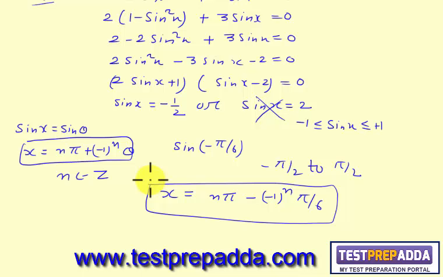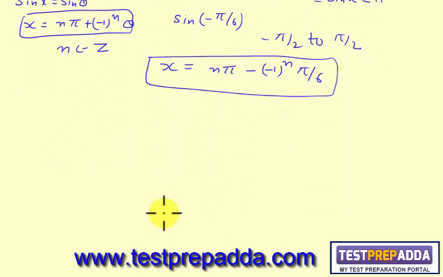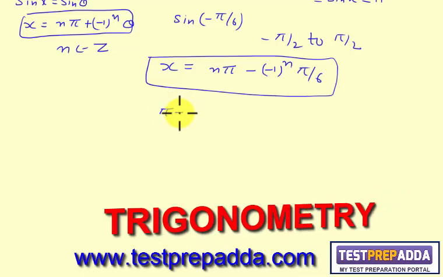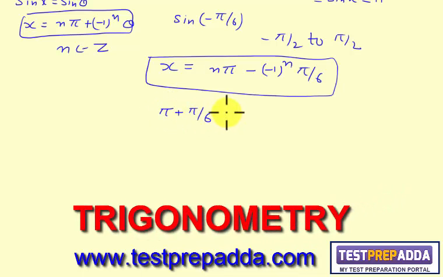In the exam, they may give you the solution in a different form. If I take the principal angle as pi plus pi by 6, that means 7 pi by 6, then also sine 7 pi by 6 is minus half.